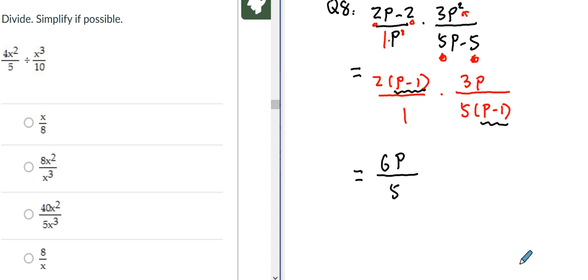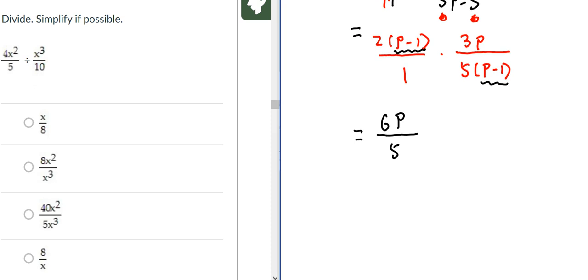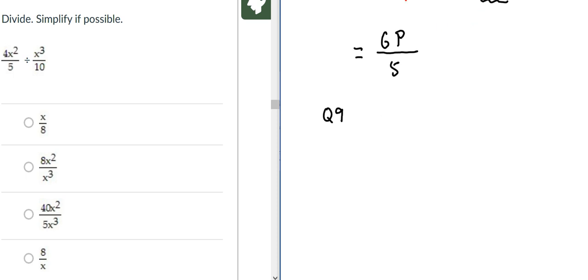Now, let's do question 9. Question 9 is division. For division, we need to change this one to multiplication. 4x squared over 5 divided by x cubed over 10.